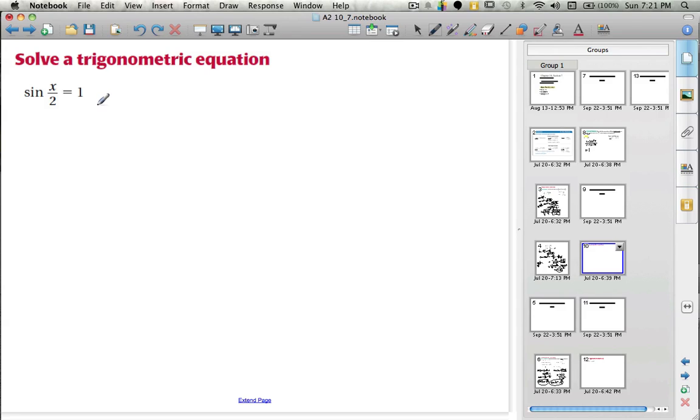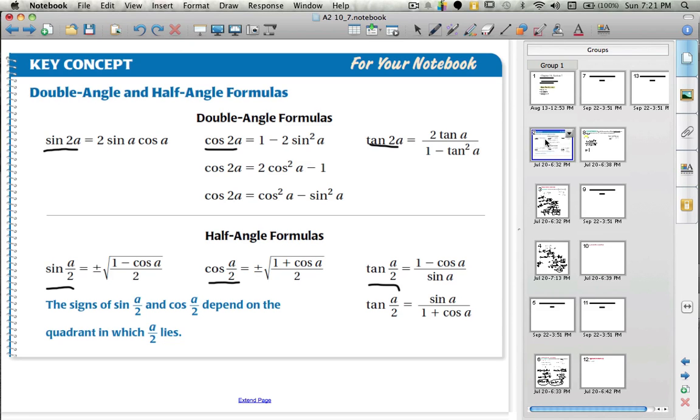So if we want to solve a trigonometric equation, we have sine of x over 2. So this is a half angle, right? So if we go back and find half angle, sine of a over 2.